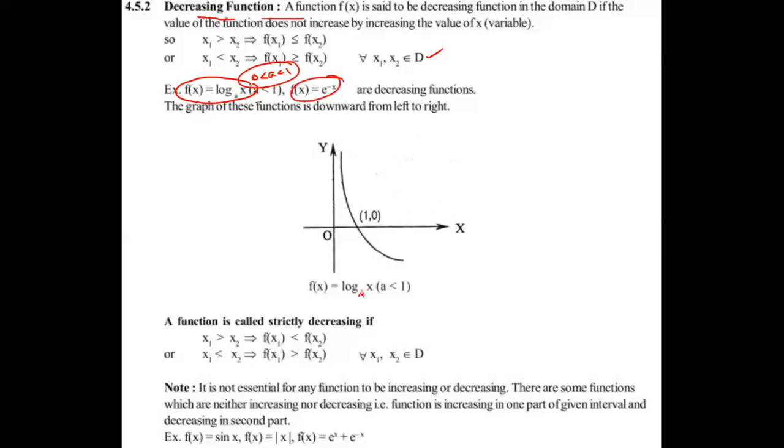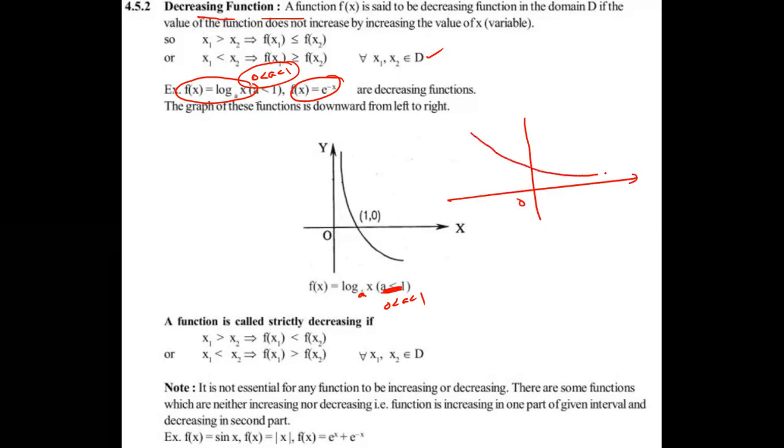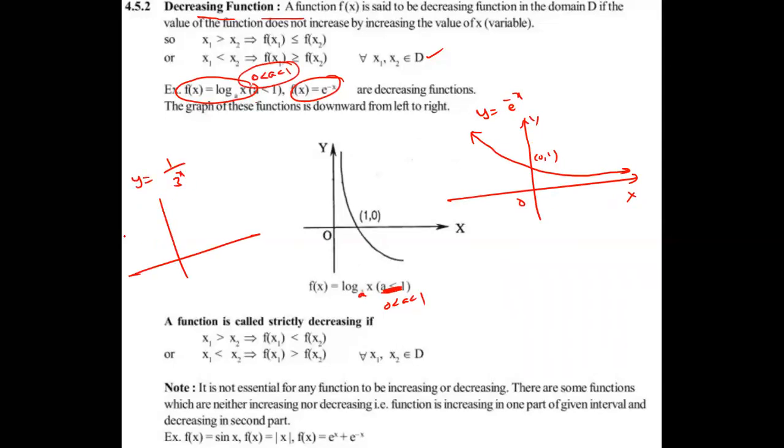So this is what it looks like here. One more graph. See carefully. Decreasing. What is that? Y is equal to e power minus x. Next example, I'm giving 1 by 3 power x. This is the graph.